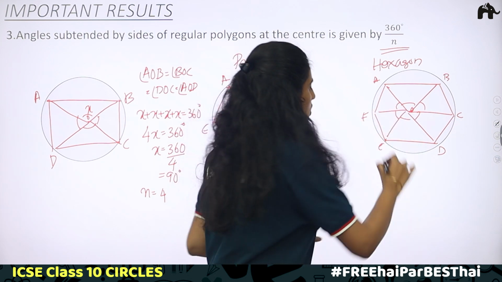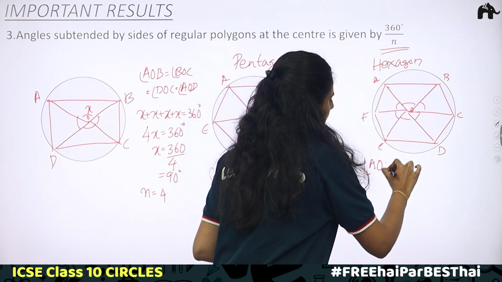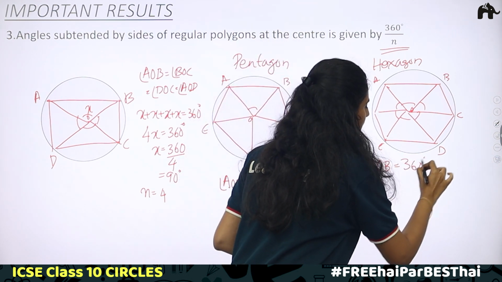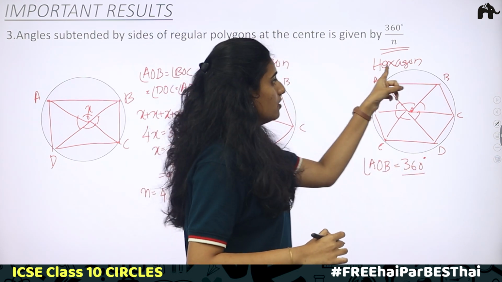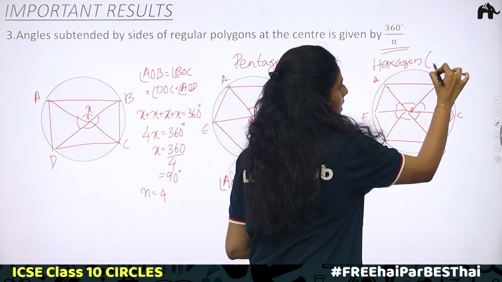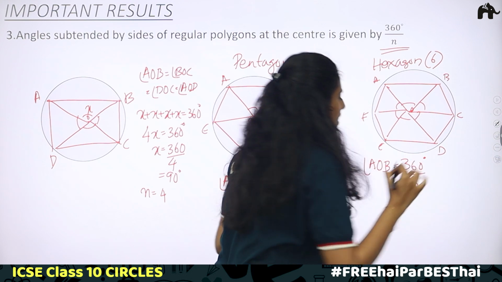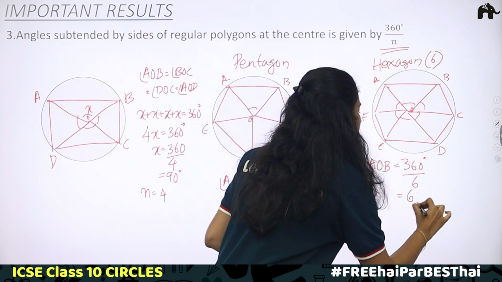Okay, what is the measure of one angle? How to find AOB? AOB will be equal to 360 degrees divided by the number of sides. In case of a hexagon, the number of sides is 6. Therefore 360 degrees divided by 6, and that is equal to 60 degrees.